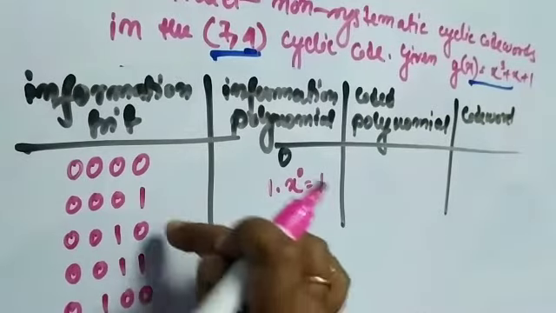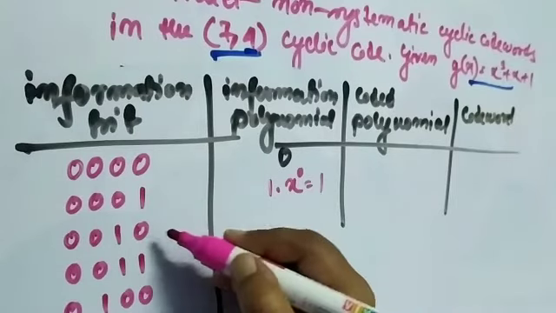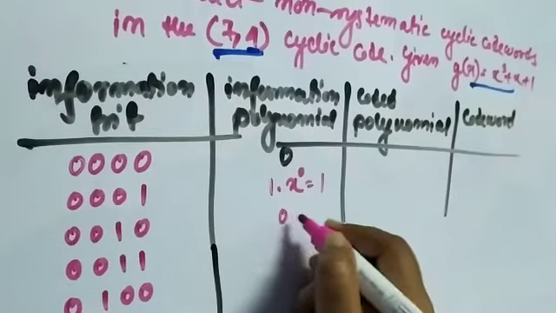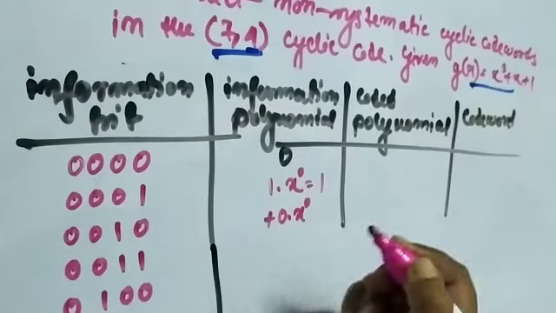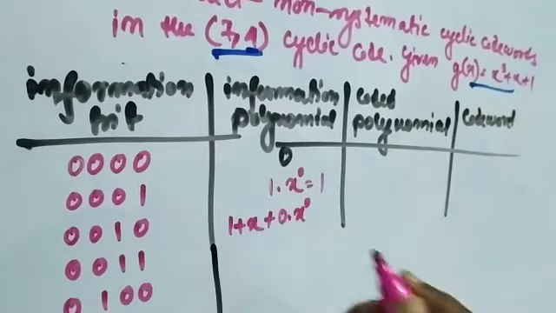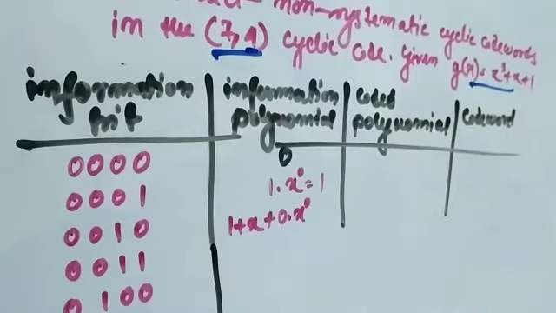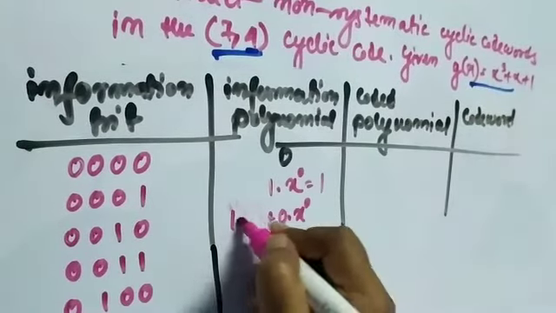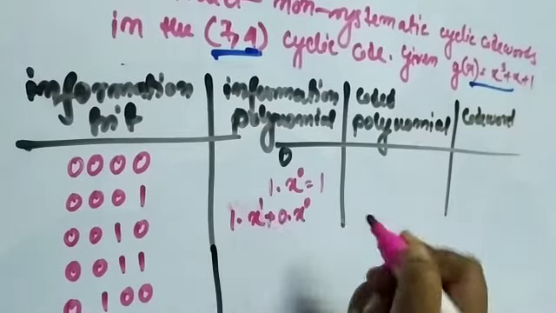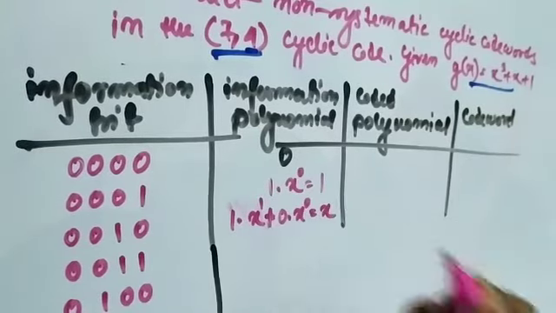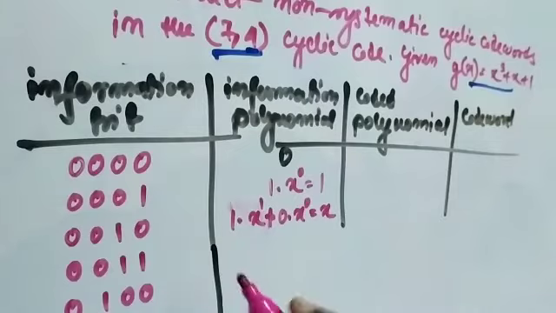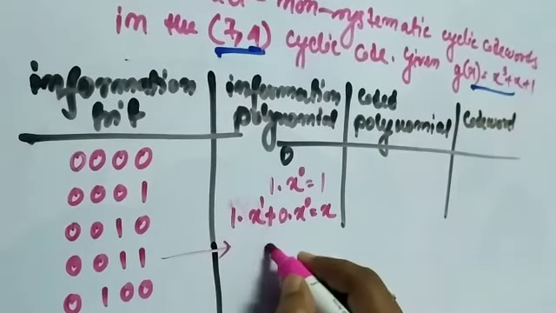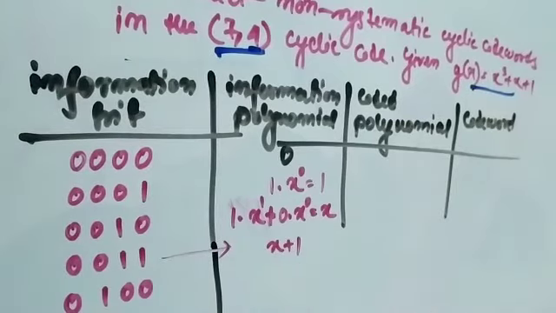In case of the second bit, it is 0 into x to the power 0 plus 1 into x to the power 1. That means it is x. Likewise, in the third case, it is x plus 1.